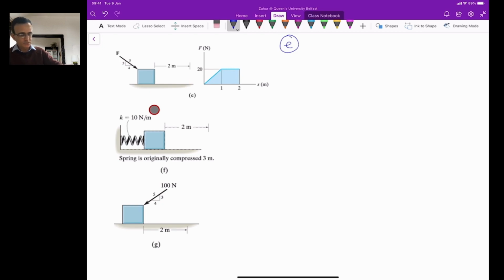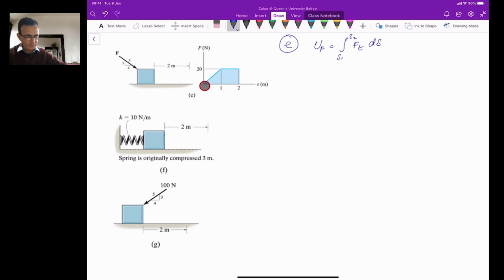In this case, because the force is not constant, we cannot use the simple constant force formula. We will need to go back to the basic formula for the work, where UF, the work done by force F, is equal to the integral from S1 to S2 of the tangential force times ds. So we will have to do this proper integration here.